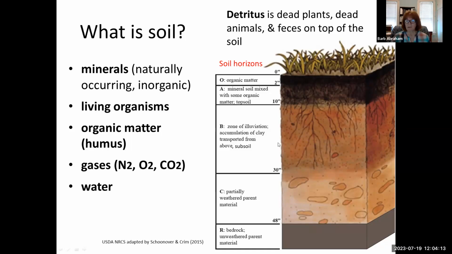And these are generalized inches here because there's a lot of different kinds of soil, and these horizons differ in each kind of soil. And then there's a layer where things are coming in. Clay is coming down from above. This is the subsoil. And then down here you have what's all mineral material, which is weathered rocks, and down here the bedrock or parent material that has not been changed at all.